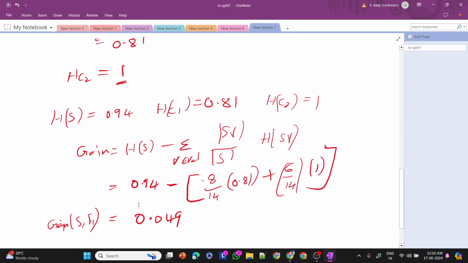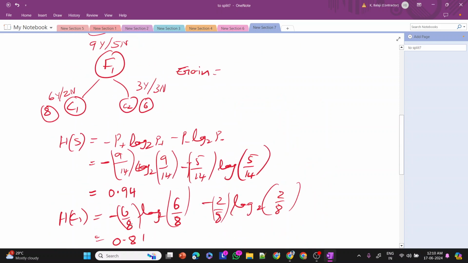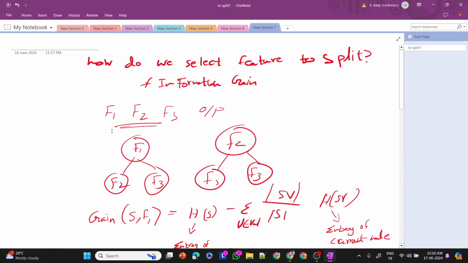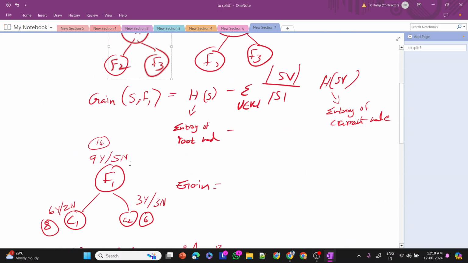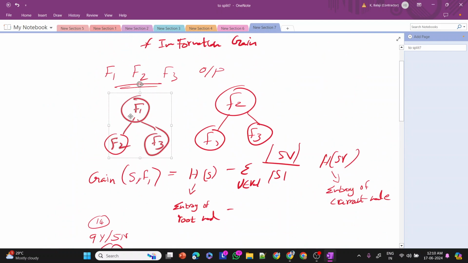We found the gain for the first node, F1, as the root node, with F2 and F3 as child nodes.